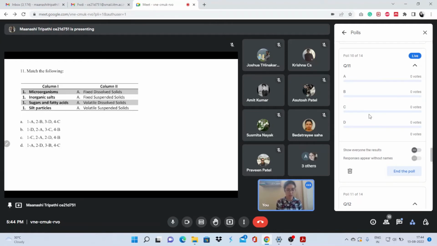So this is more about the gravimetric techniques. Gravimetric techniques means we try to measure the weight. So how do we measure these weights? What does column 1 represent? When we talk about total solids, there are dissolved solids plus suspended solids.